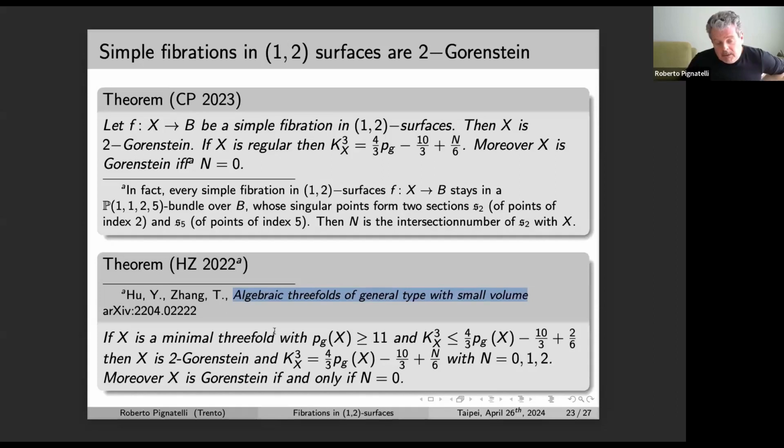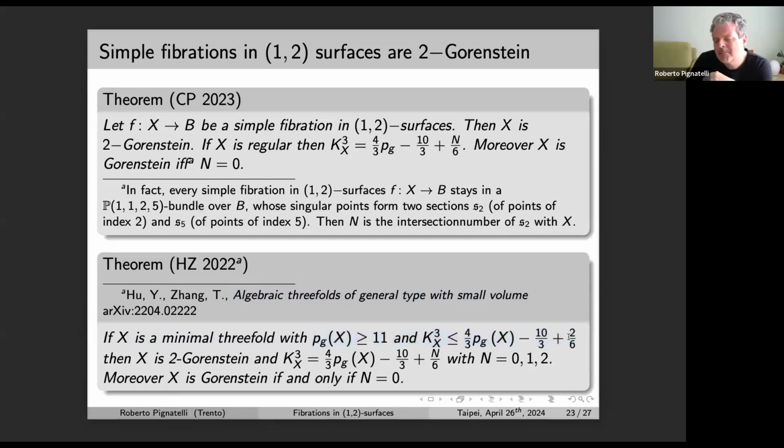They could prove that if X is a minimal, or minimal is a bit weaker than canonical, but that's not an important difference, threefold with PG bigger than 11, and they assume the volume to be smaller than, I mean, they phrase it in a slightly different way. I make it shorter for this talk.